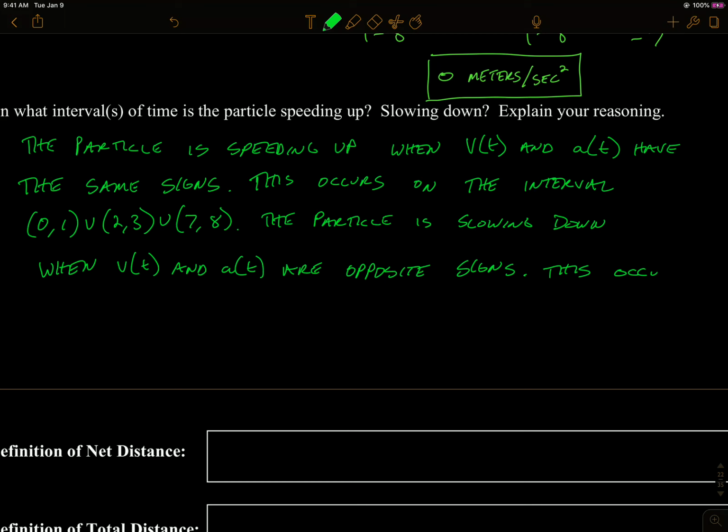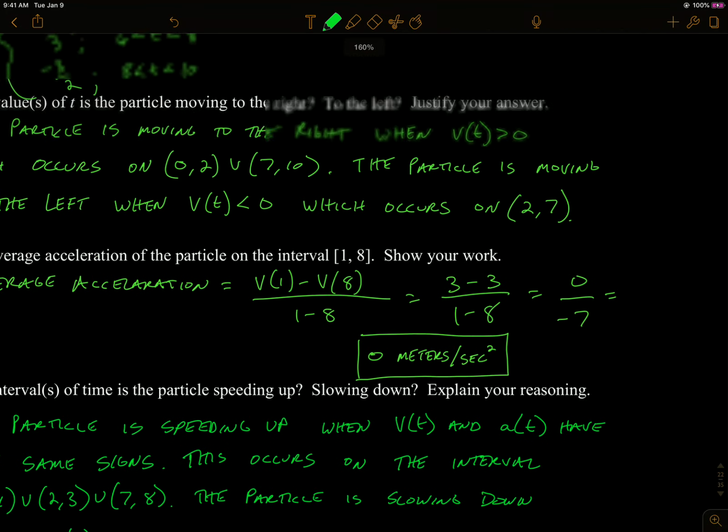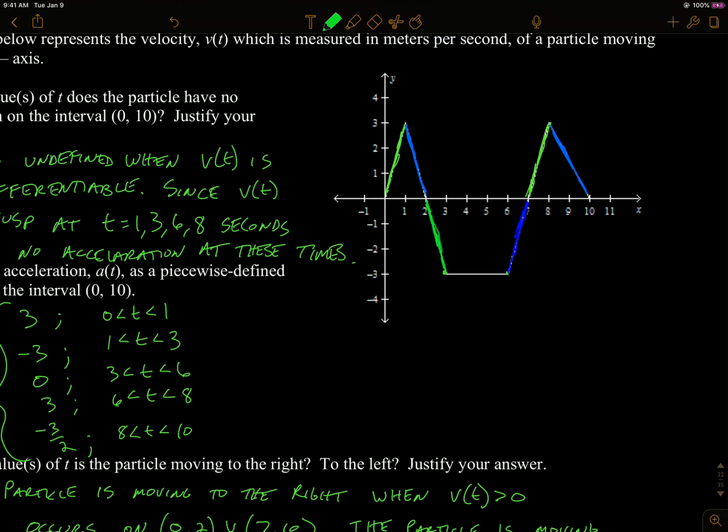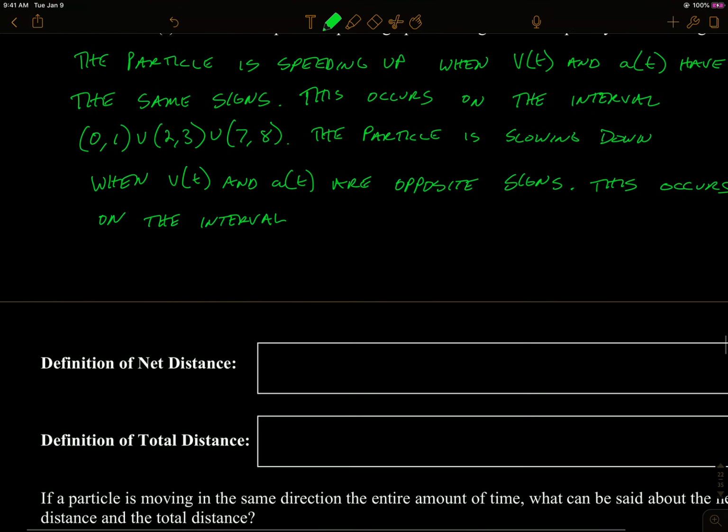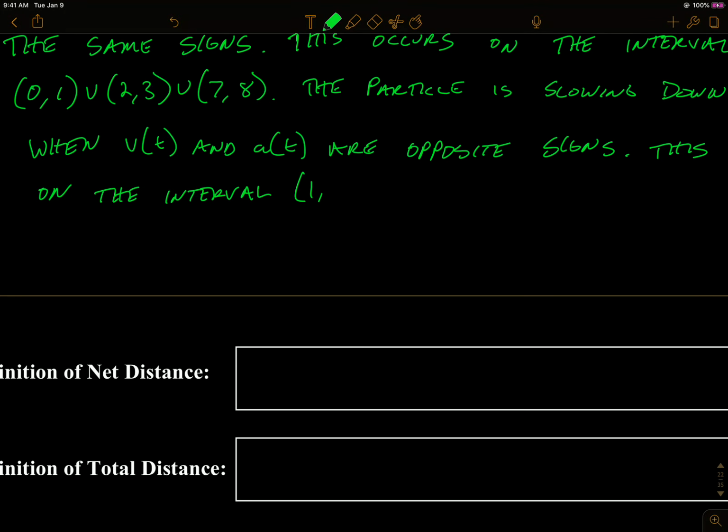This occurs on the interval, whoops, not a period. Those were those blue ones: 1 to 2 and 6 to 7, 8 to 10. So 1 to 2, union 6 to 7, union 8 to 10.